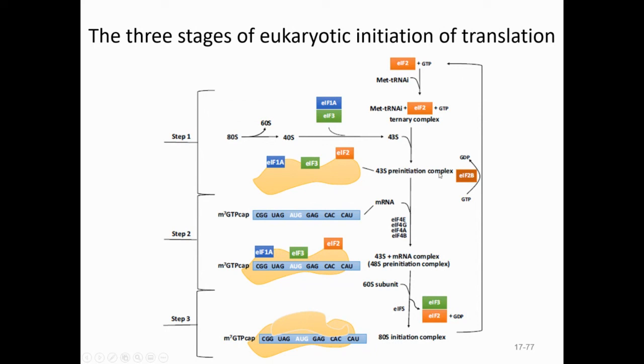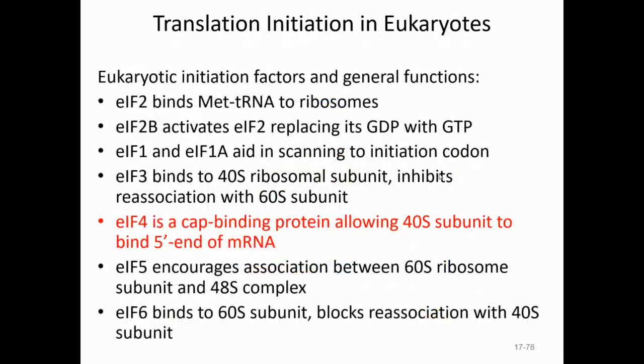That is the eukaryotic initiation of translation. And this is just the different function of the eukaryotic initiation factors. eIF4 is a cap-binding protein that brings the 40S subunit to the 5' cap of the messenger RNA.